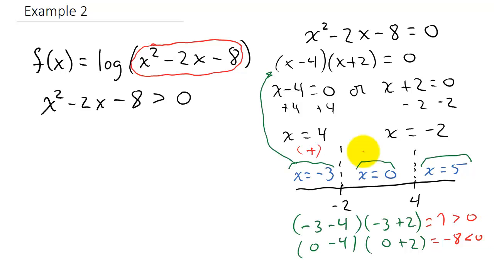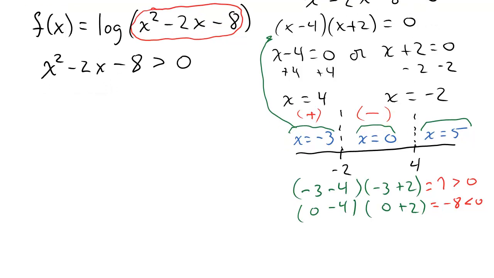So everything in this region is going to be negative. And now I take the 5 and plug it in, so I get 5 minus 4 times 5 plus 2, which gives me 1 times 7, a positive 7, and that's greater than 0. So everything in this region is positive.